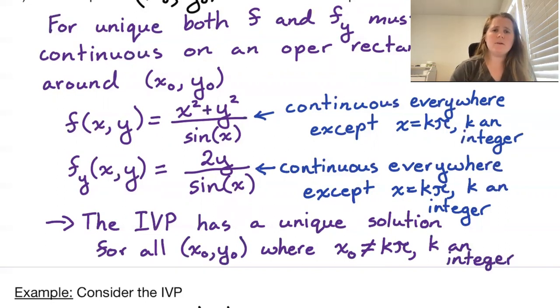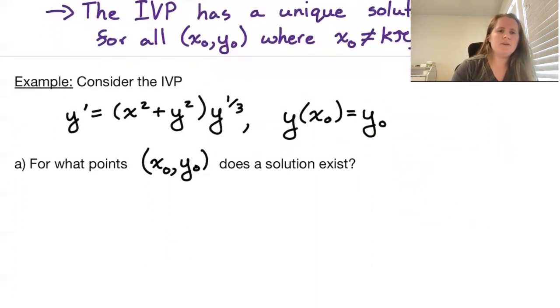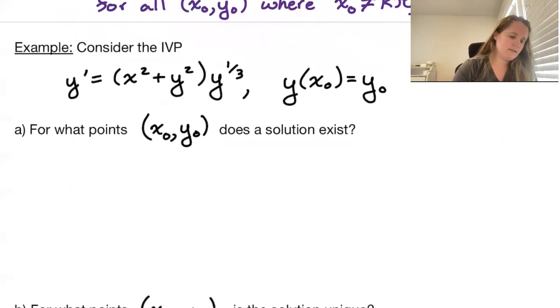Let's go ahead and look at one more example. Let's consider the IVP y prime is equal to, in parentheses, x squared plus y squared, that whole thing times y to the 1/3, with initial condition y of x naught equal to y naught. We first want to know for what points x naught, y naught does a solution exist?